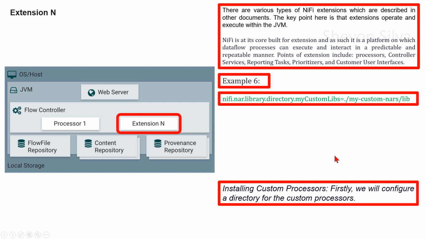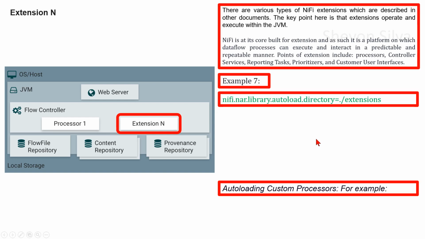We would place our custom processor NAR in /var/lib/nifi/my-custom-nars/lib. Ensure that the file has appropriate permissions for the NiFi user and group. Restart NiFi and the custom processor should now be available when adding a new processor to your flow.